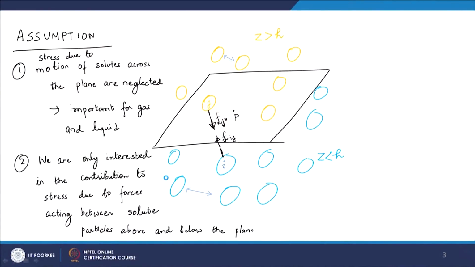This really means that if I now move this plane up or down, my stress tensor should not be changing. The other way to say that is, I can integrate over the z direction and take an average that would be the same value as the stress acting on any particular point.